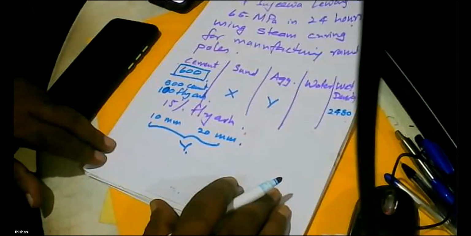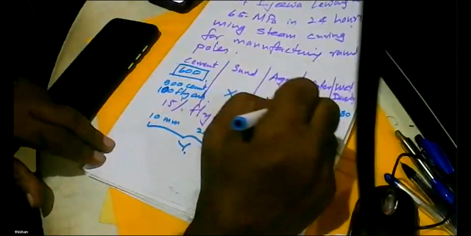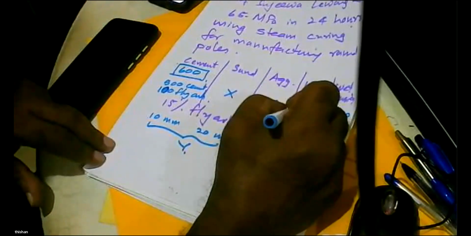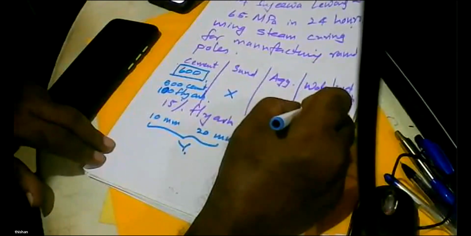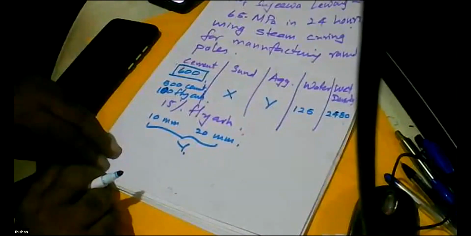You don't have very large space, but I didn't want to eliminate 20 millimeter either. And I said I'm going to use 125 kilograms of water by using a very high quality admixture.